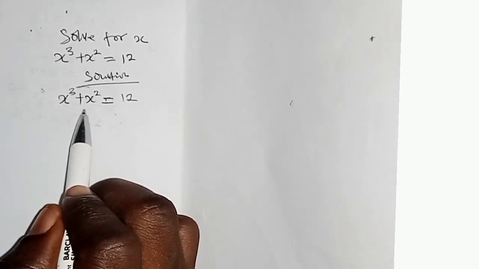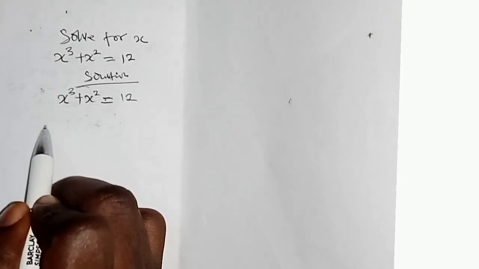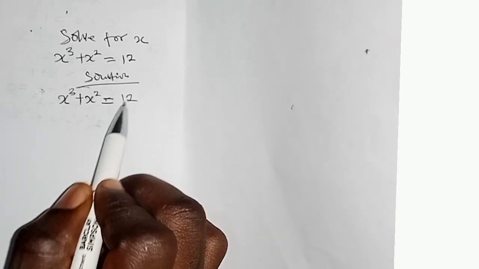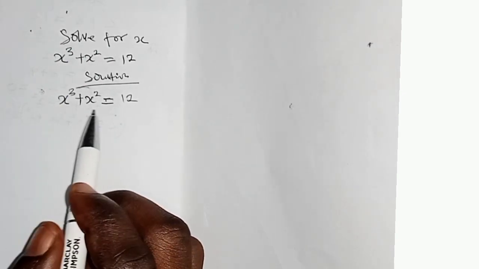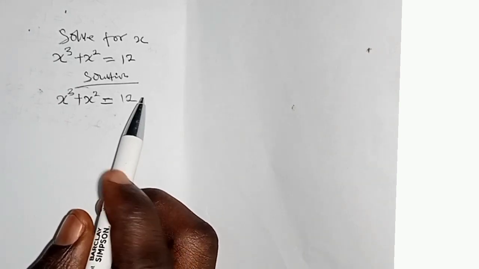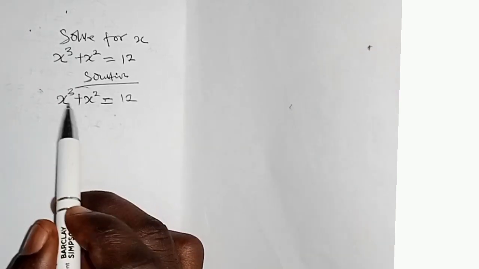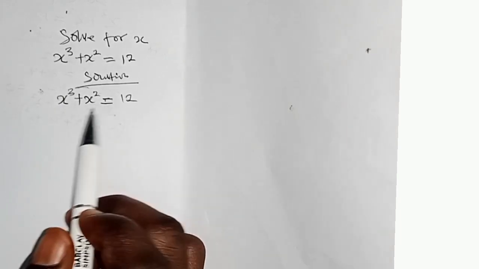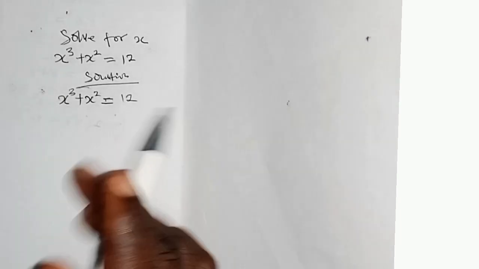So having written the question down, I'm going to go ahead and simplify this 12 further. The idea is I want to get more numbers I can express in powers of 2 and also powers of 3, so that I can find it easier to manipulate and then solve.